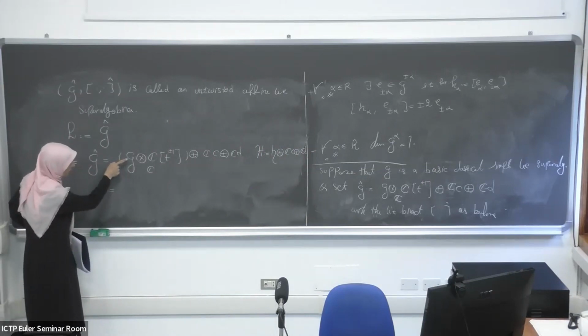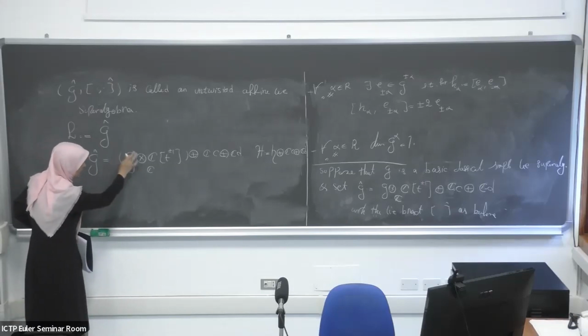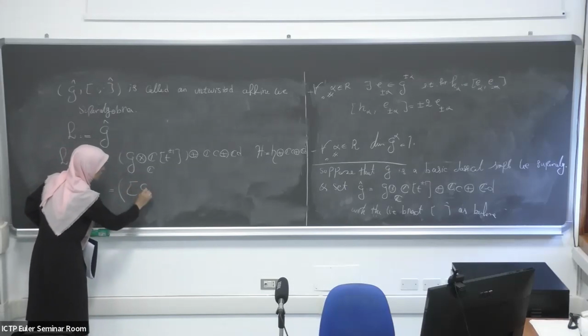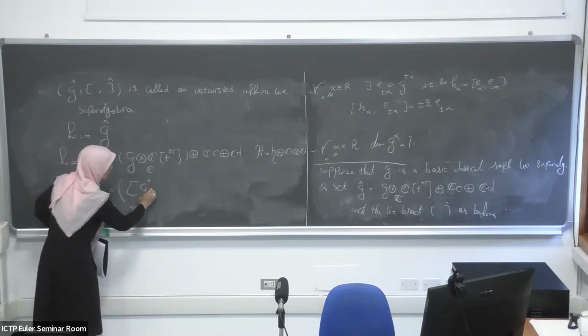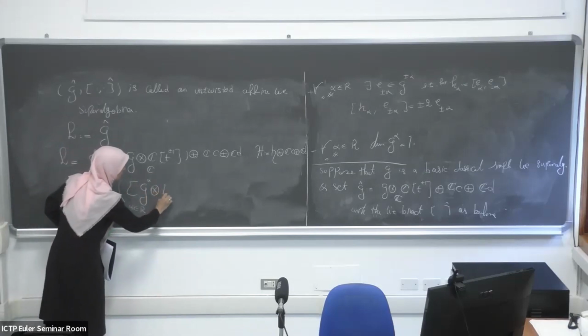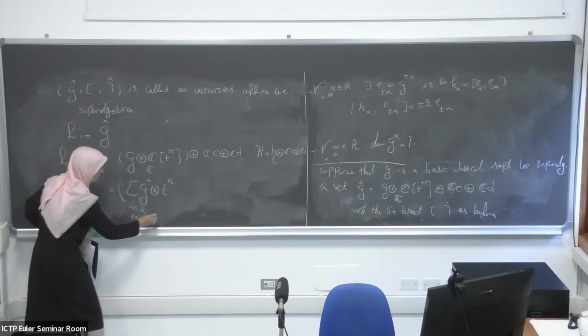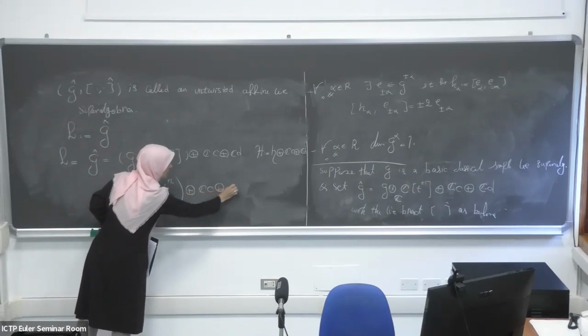You remember the property of G was that we had a decomposition for this G. It is the summation of G alpha, alpha belongs to R, tensor Cn, plus CC, CD.